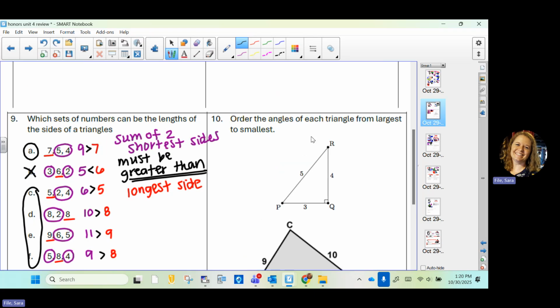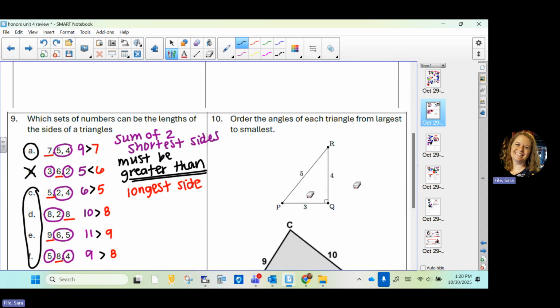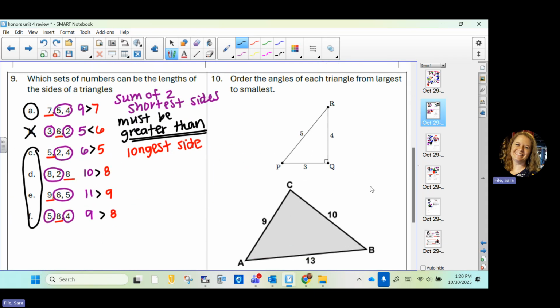So this time, in number 8, they gave us the angles and we were ordering the sides. Now they're giving us the sides and we're ordering the angles. But it's the same theorem that we're using, the hinge theorem. So if I want to order from largest angle to smallest angle, the largest angle will be across from the longest side. The longest side is 5, so it's across from the largest angle.